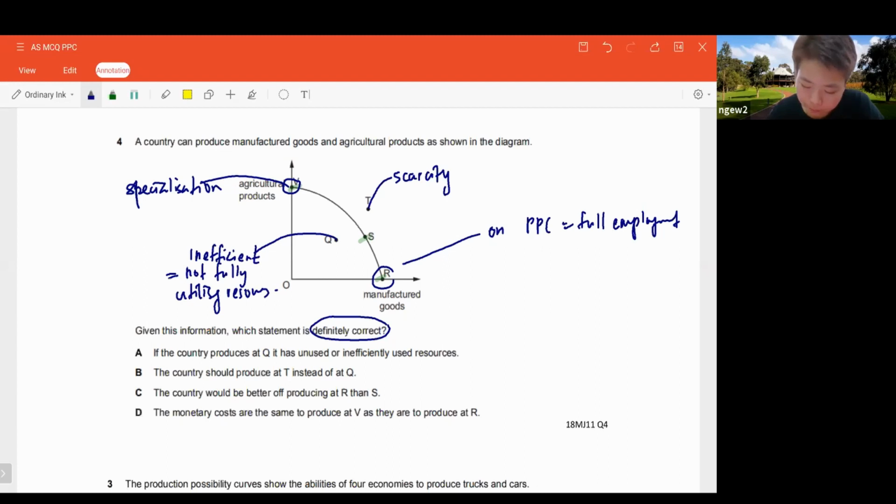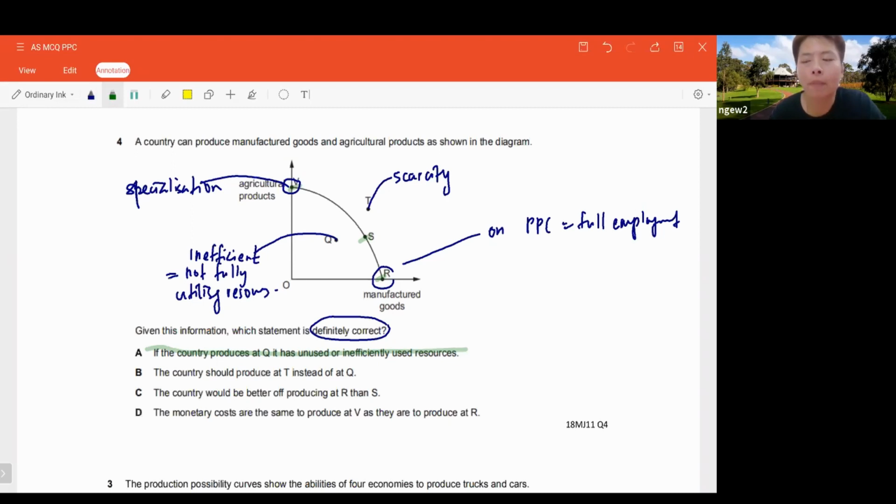First of all, they say if the country produces at Q, it has unused or inefficiently used resources. You see, when you jot down the information beforehand to test yourself or to revise, I think you can tell that actually, answer A is correct.